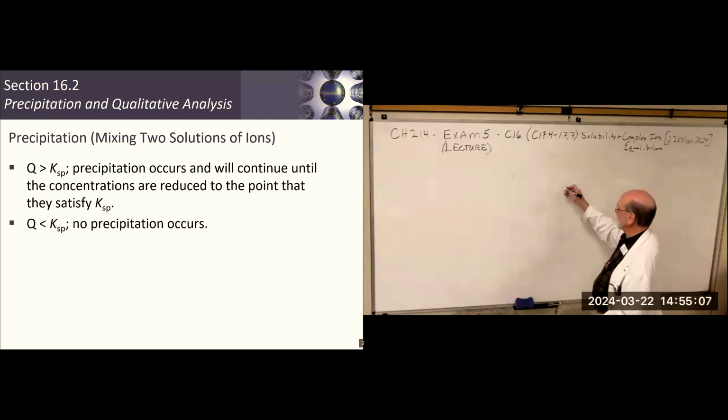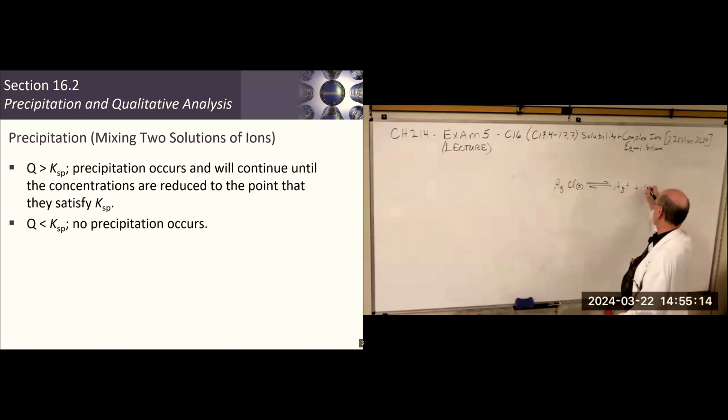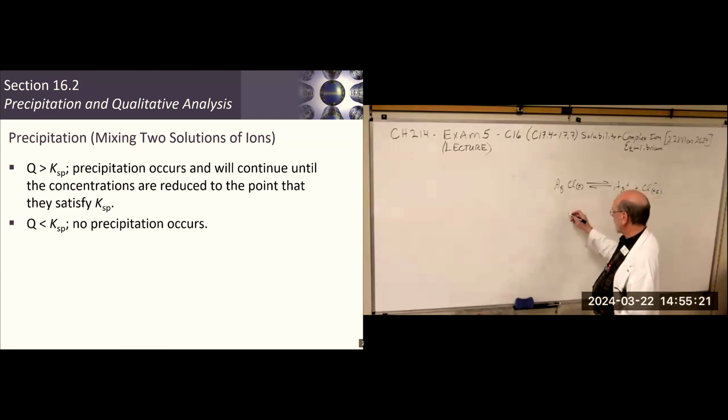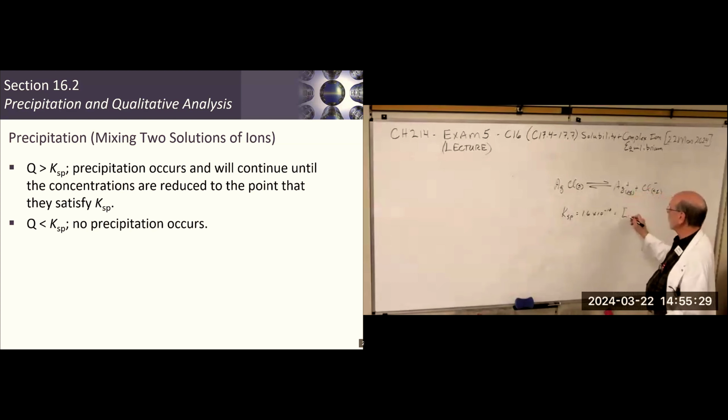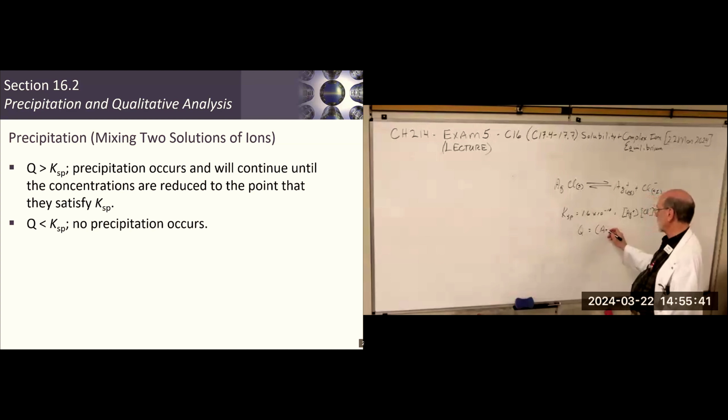If we look at it this way, let's just take silver chloride again. These are aqueous. If we have the KSP, which is equal to 1.6 times 10 to the minus 10, that's equal to the equilibrium concentration of these ions times each other. Then if we calculate a Q, all we need to calculate the Q is the actual concentration of each one.